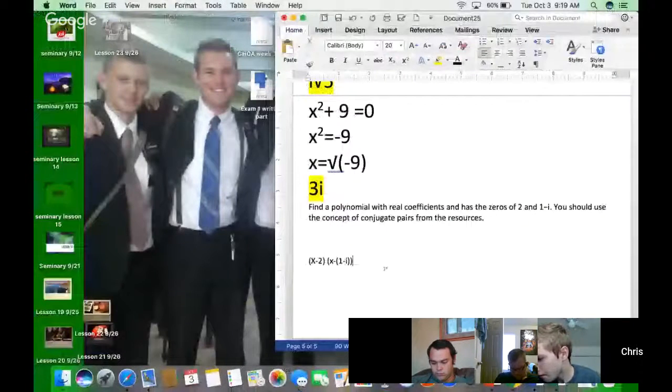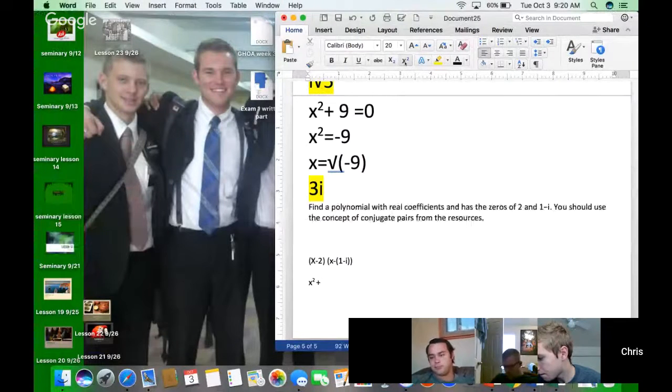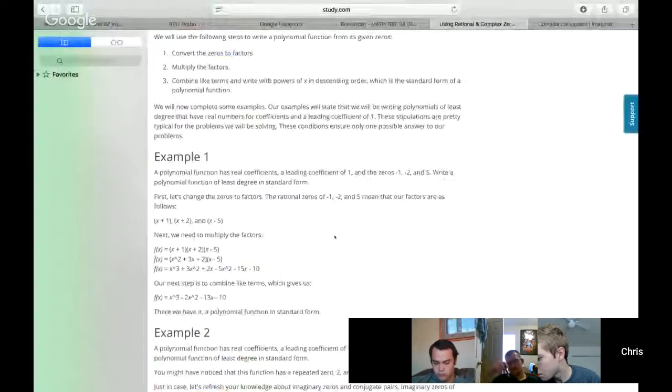Let's factor it. So we would have x squared minus 2x, minus 1 minus I times x, with parentheses around it, and then x.